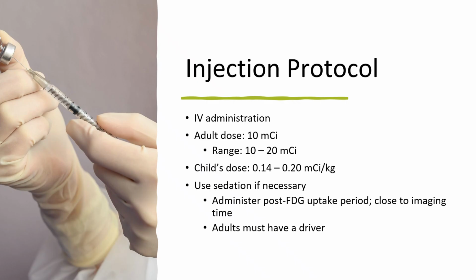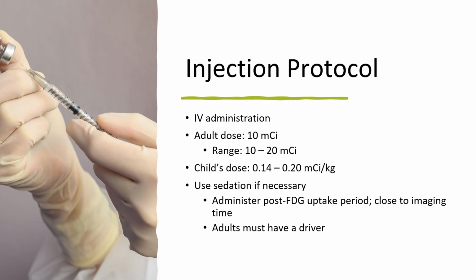It's very common, if your range is 10 to 20, for technologists to order a dose that's like 16 millicuries or 15 millicuries because FDG decays quickly, and that extra little bit that you ordered for the time will still fall within your range, but on the higher side of your range. And that gives you the leeway if your patient is a little bit late, if you get behind in your schedule, or if you have trouble getting the patient's IV, all that stuff, ordering a little bit higher will help that.